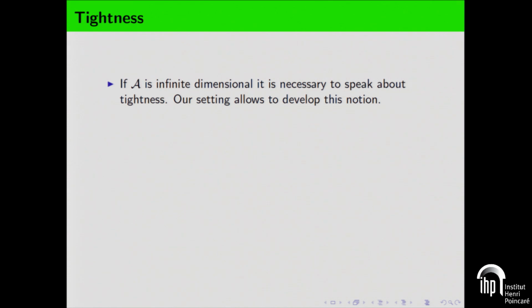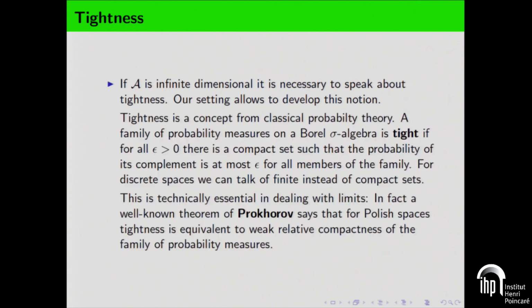So in this case, it's necessary to speak about tightness, and a substantial part of the paper I mentioned is about technical statements which go towards a theory of tightness. Yes, the null setting allows us to develop this notion, so let's study this a bit.